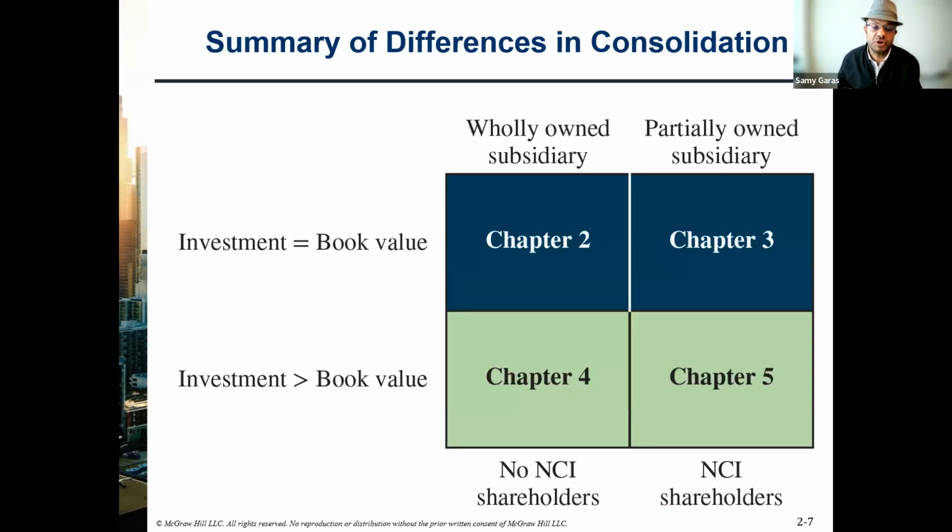So in chapter 4 here, we see it is wholly owned. So the parent will own 100%, but the investment is higher than the book value. And here we create a difference account that we have to amortize over the years.